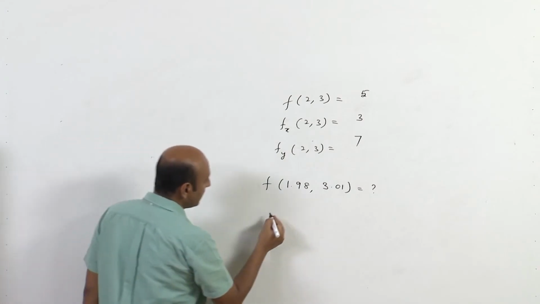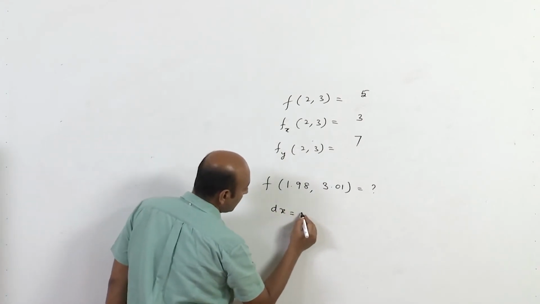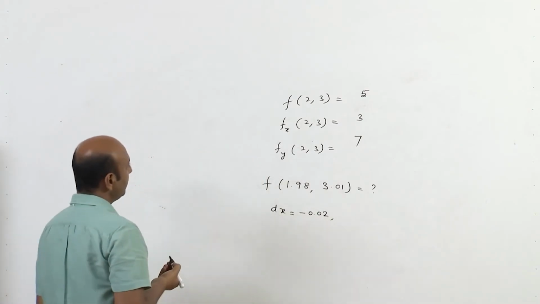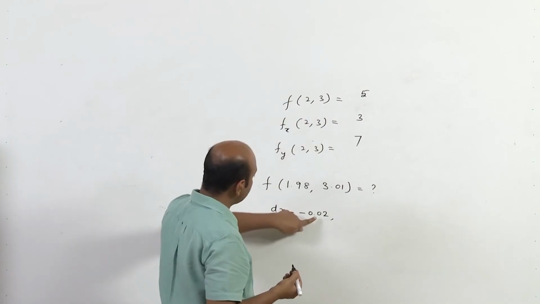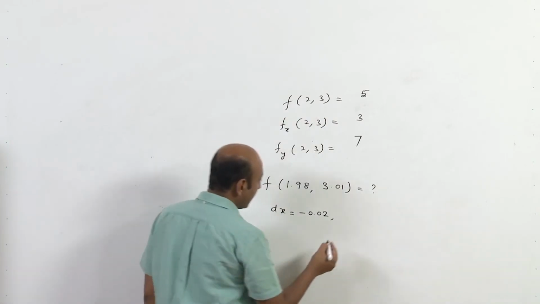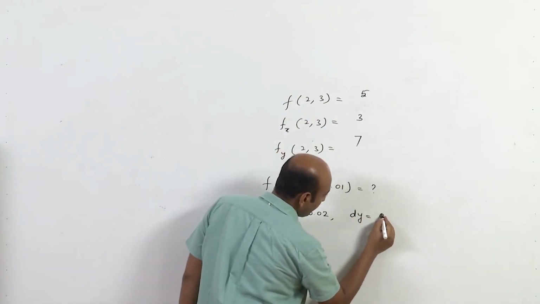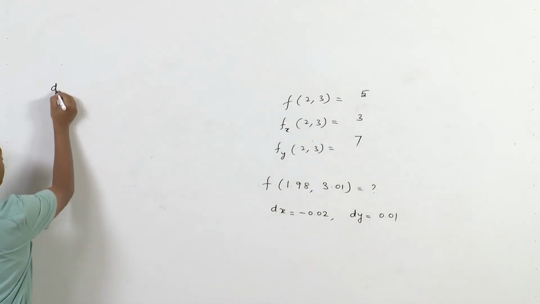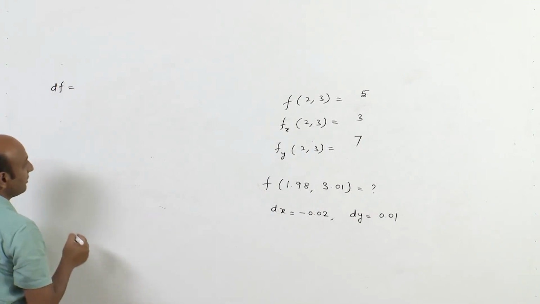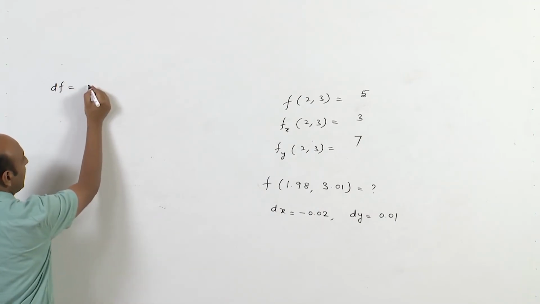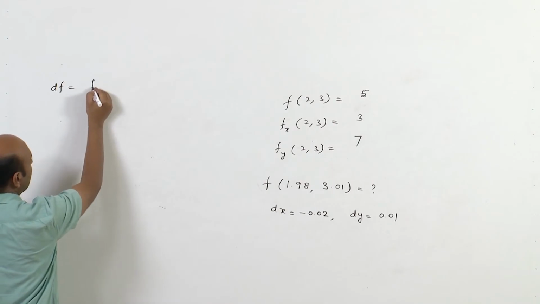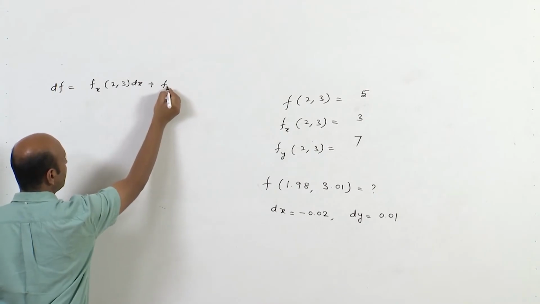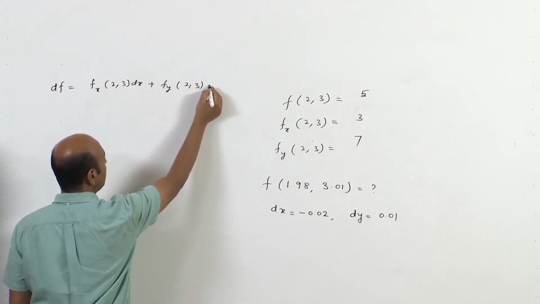So, we can take dx as minus 0.02, okay, because 2 when you add this you get 1.98, and dy as 0.01. Okay. Now, df, the approximate change in the value of the function, will be fx at 2, 3 dx plus fy at 2, 3 into dy.